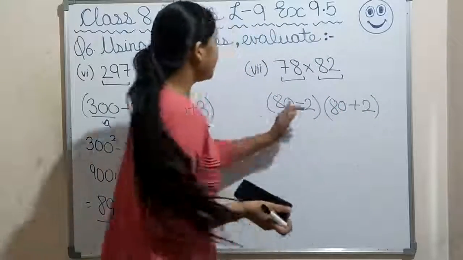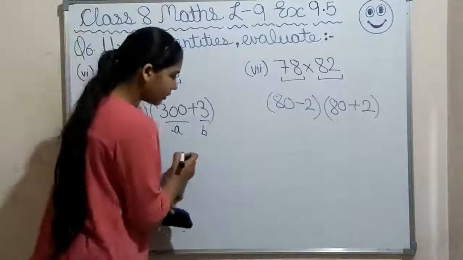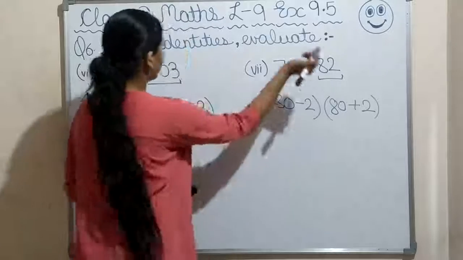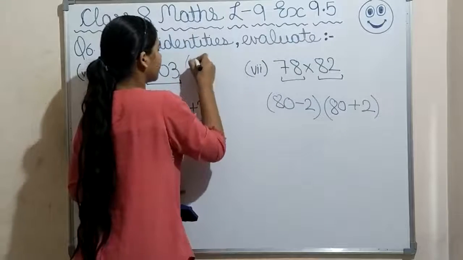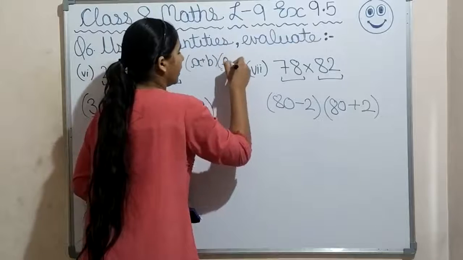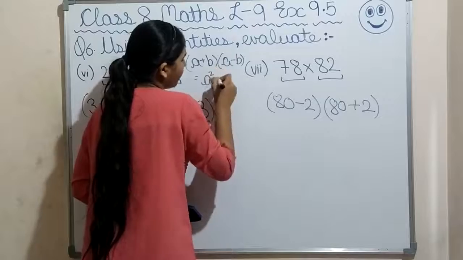Here we are going to use the property again. Let me write that here. (a plus b) into (a minus b) is equal to a square minus b square.